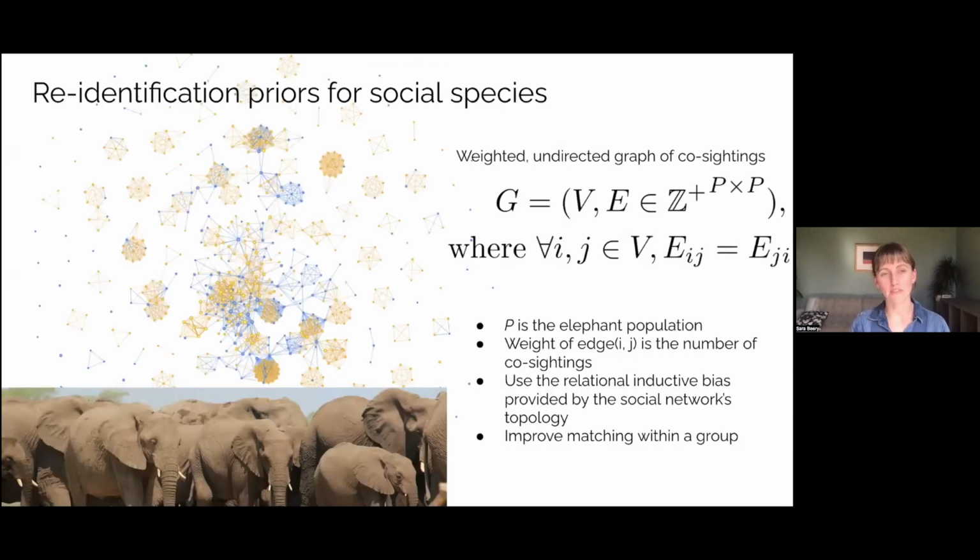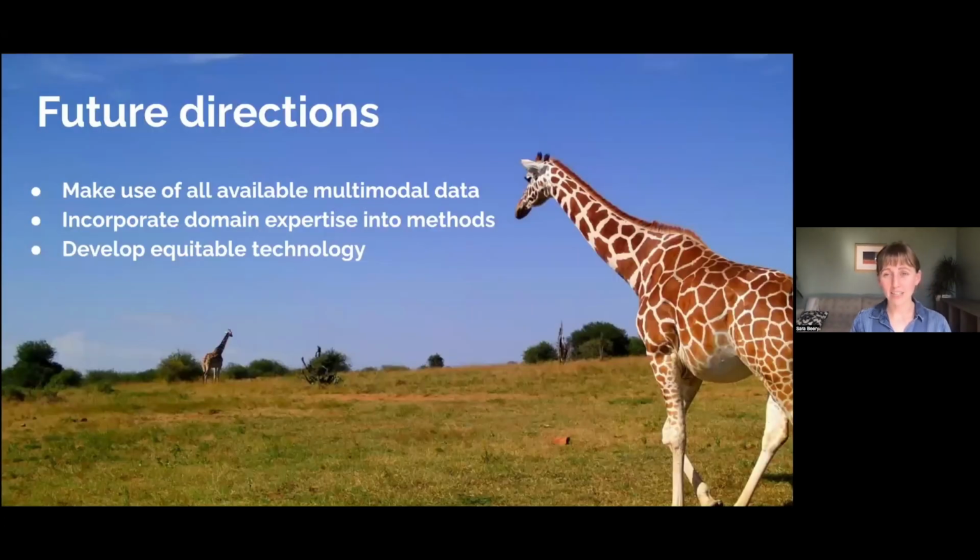One additional example of this is we're currently looking with the data we've been collecting with Elephant Book and trying to improve our re-identification accuracy by taking the co-sightings of elephants, building a graph representing the hierarchical social network of the elephant population, and then building that into a social prior on re-identification in groups of elephants at a time. And finally, I think it's very important that the technology we develop is equitable.